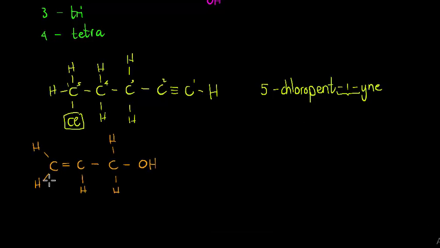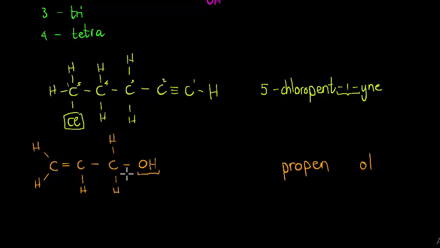One more example. In this example we have 3 carbons, so I'm working with prop. I see I'm working with an alkene, so it's propene, and then I have an alcohol, so it's propanol.